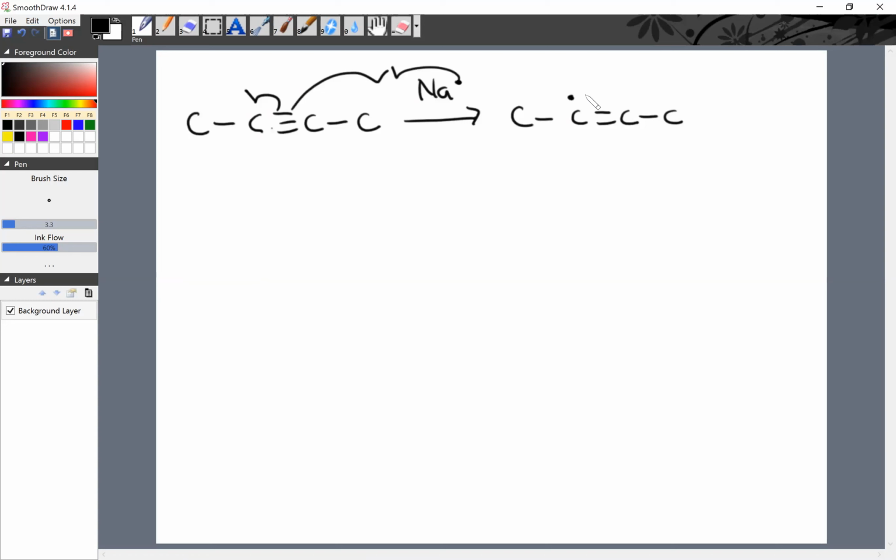So I will put the radical right there and my negative right there. But right here, okay, this is where we have some stereochemistry. So I can either draw this as that or as that. And the trans is more stable.